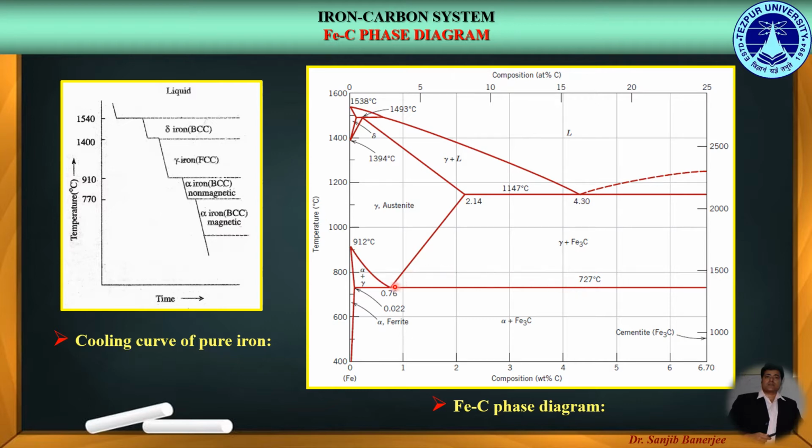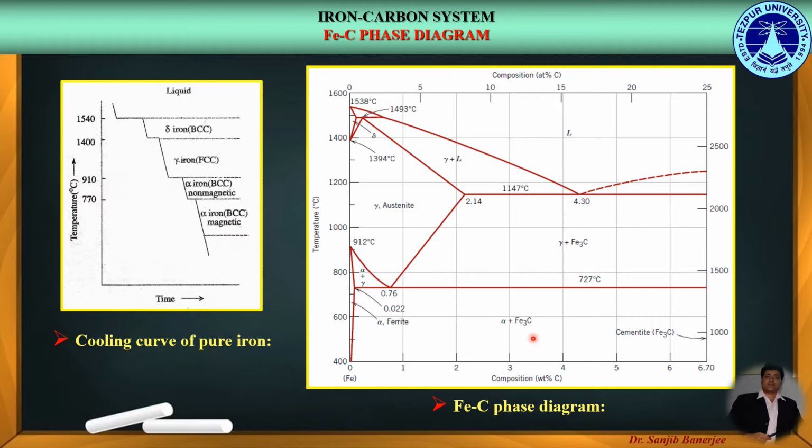So over here the austenite phase on cooling gets transformed into the two solid phases of ferrite plus cementite. In other words, the austenite transforms into a eutectoid mixture of ferrite plus cementite known as pearlite.